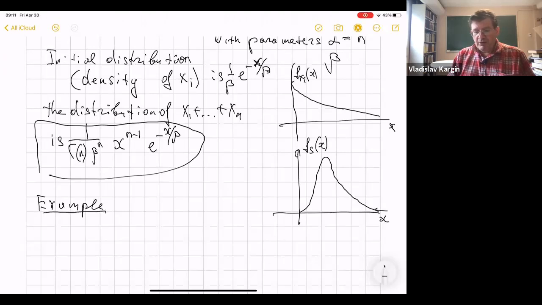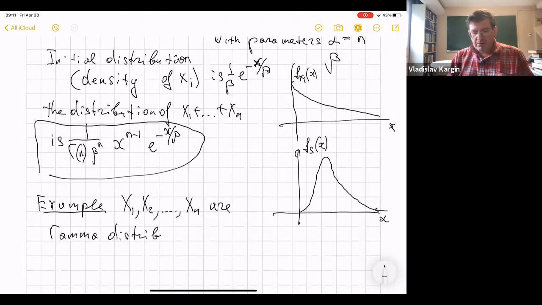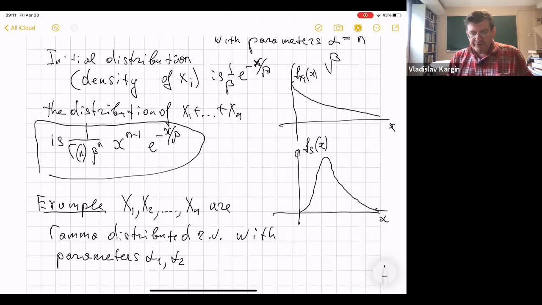It's more or less clear how to do it. So x1, x2, ..., xn are gamma distributed random variables with parameters alpha 1, alpha 2, ..., alpha n, right?